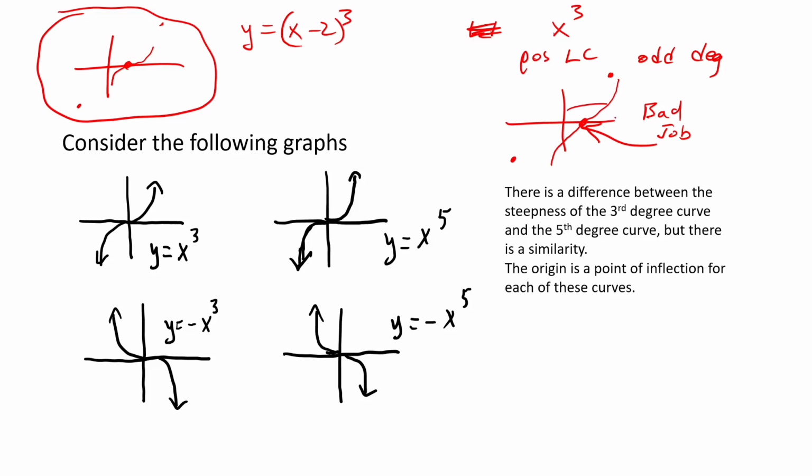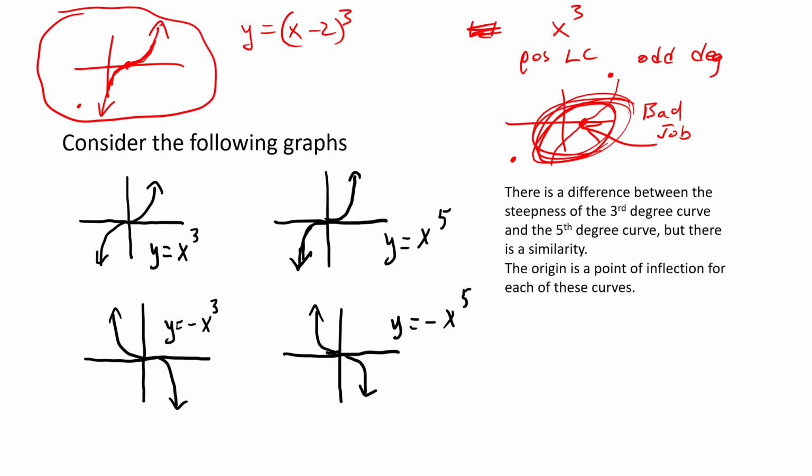It's not a lazy point of inflection like this one over here is. It gives more of an idea that there's actually some interesting behavior going on there. Okay? So then, once I do that, I then can sketch the rest of my curve, and I get a curve that looks like that.